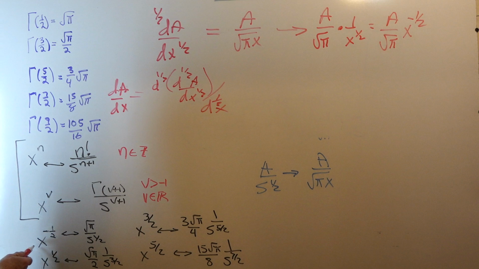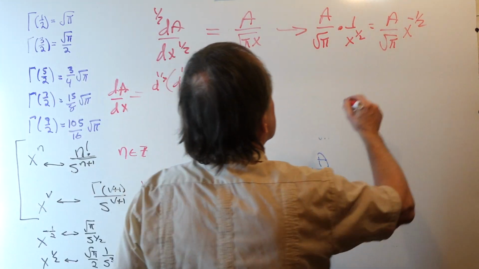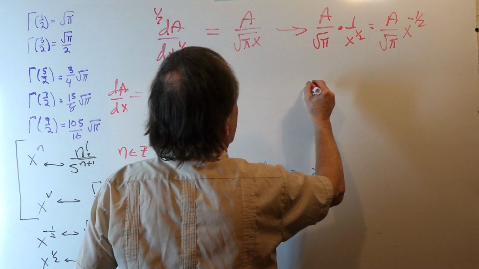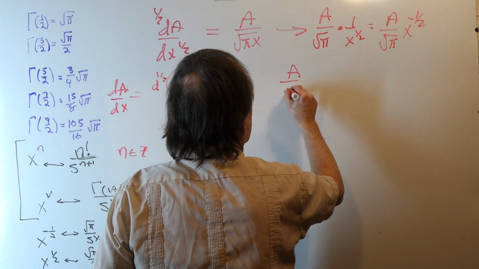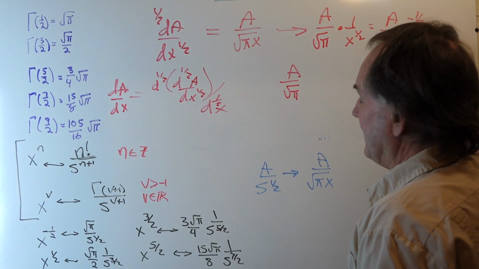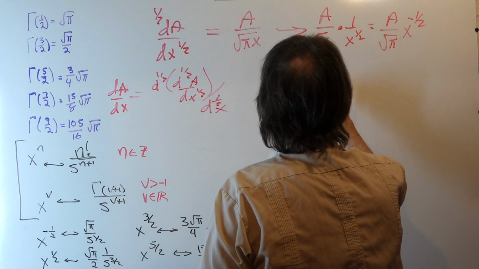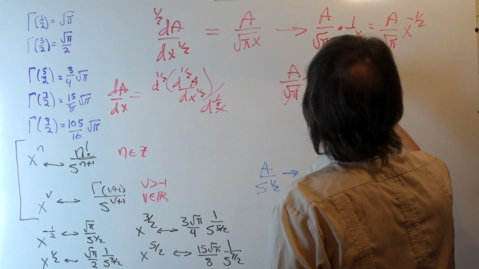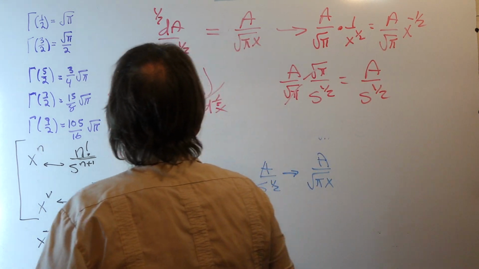Well, we see here that x to the minus 1/2 transforms to square root of pi divided by s to the 1/2. So this then transforms to a over the square root of pi times the transform of x to the minus 1/2, which is square root of pi over s to the 1/2. The square root of pi's go out, and we end up with a over s to the 1/2.